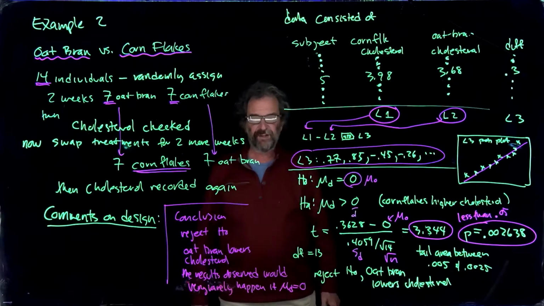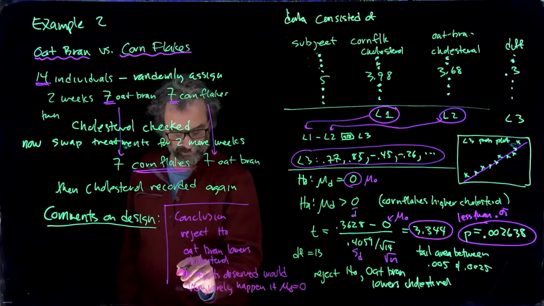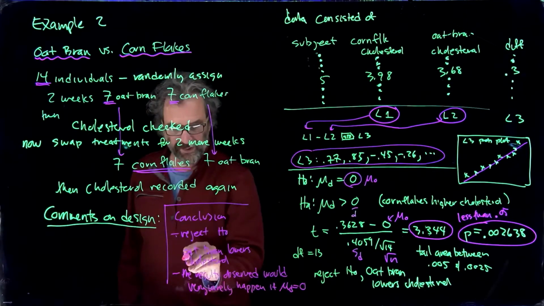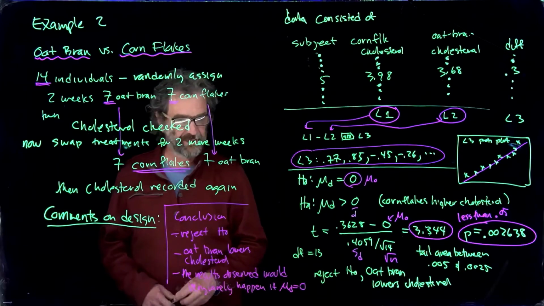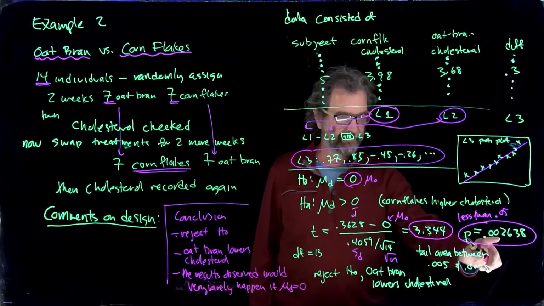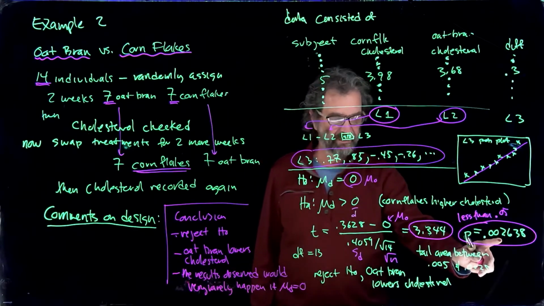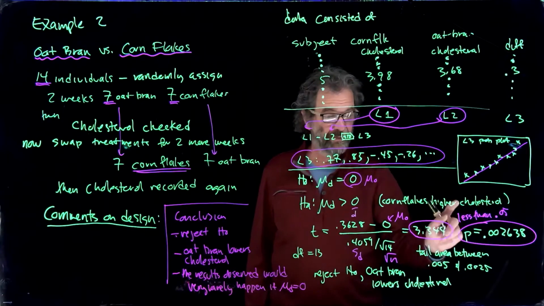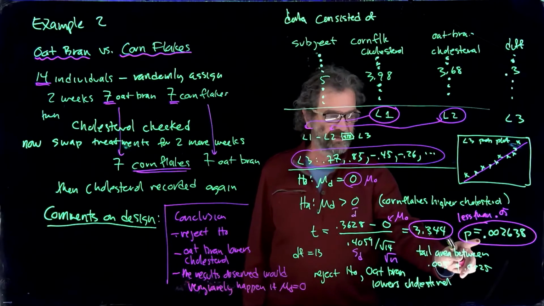So since you see that unusual value, you're allowed to reject the null hypothesis and claim that the oat-bran seems to lower the cholesterol level, because the assumption that the mean is 0 is contradicted by this tiny p-value, because that's the chance of seeing this kind of number when that's true. And that is tiny.